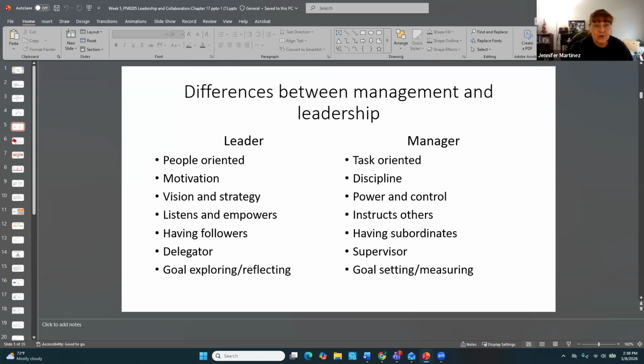They have a strategy on how they are going to achieve that vision. They listen to their employees. They empower their employees. They have followers. They are delegators and they are goal exploring as well as goal reflecting. Okay. So again, your managers are much more focused on specific tasks.